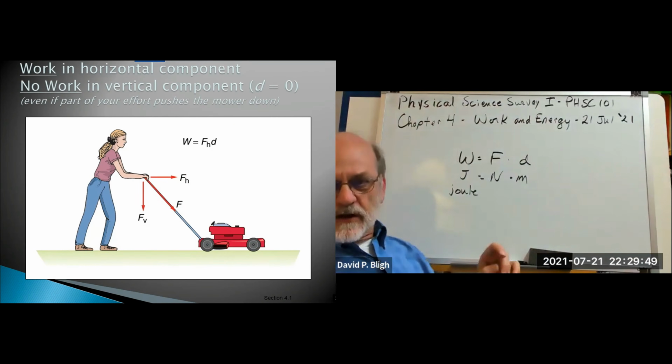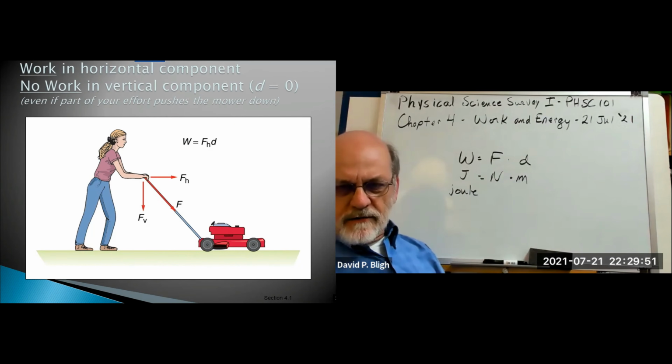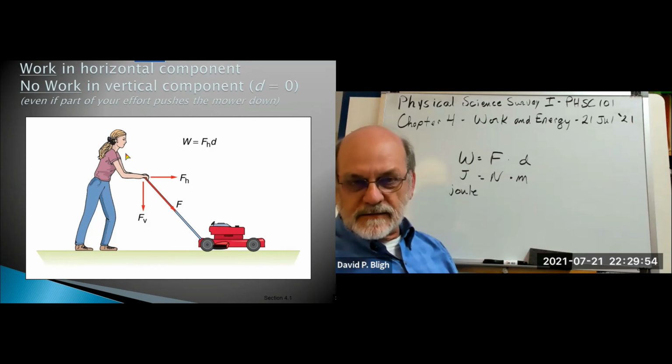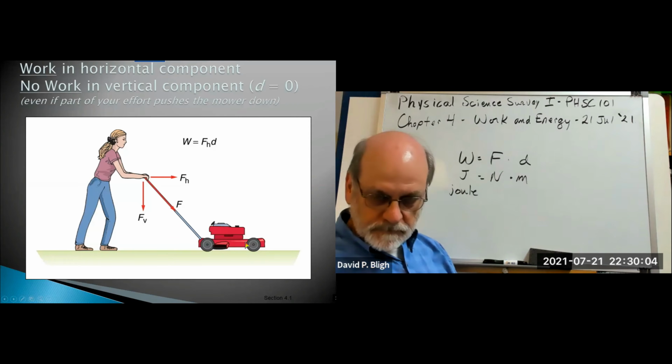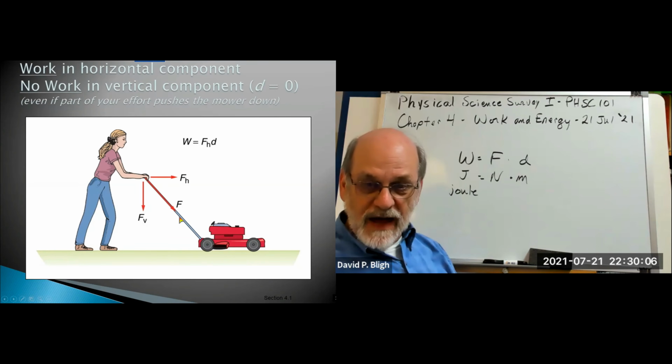Now, in this illustration, we have a force applied by the woman mowing her grass, and the force is applied down the handle of the lawnmower to the mower. But all of that force applied is not parallel to the movement of the mower.